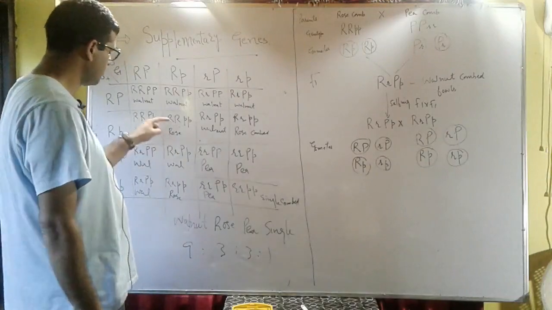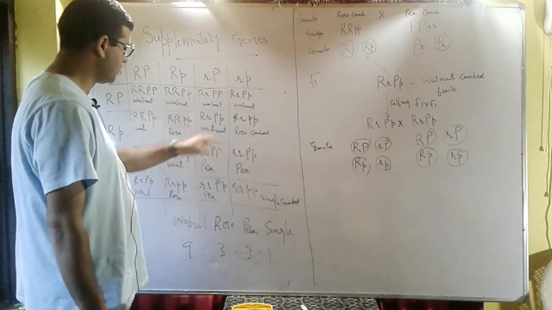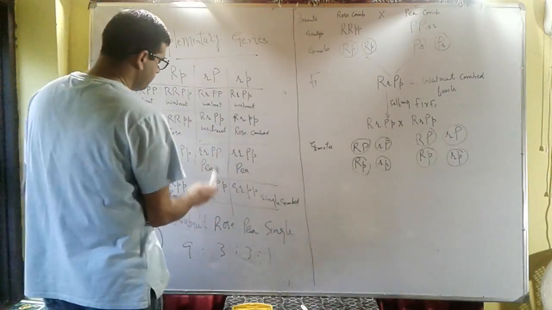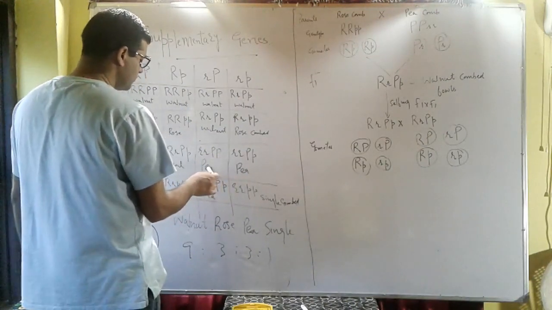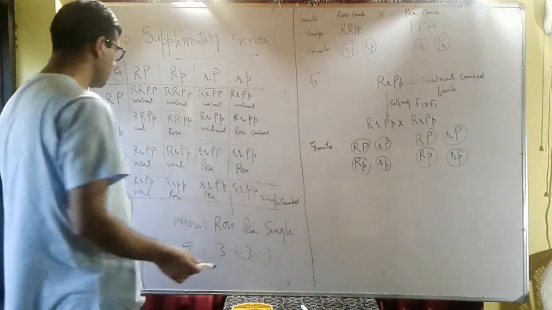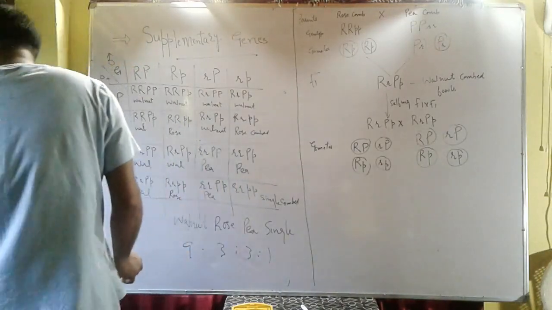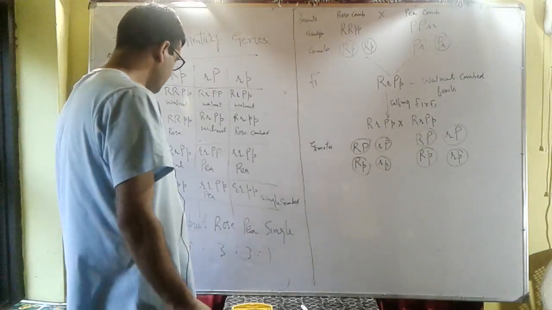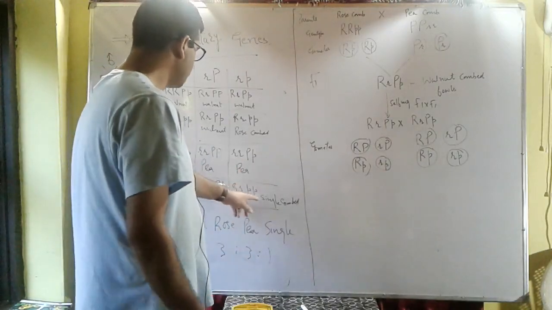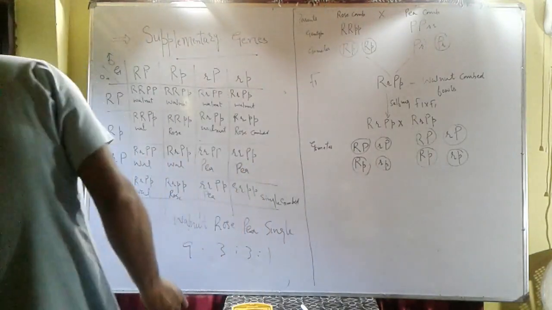We have 3 rose, 1, 2 and 3. We have 3 pea combed, 1, 2, 3. And we have 1 single combed.